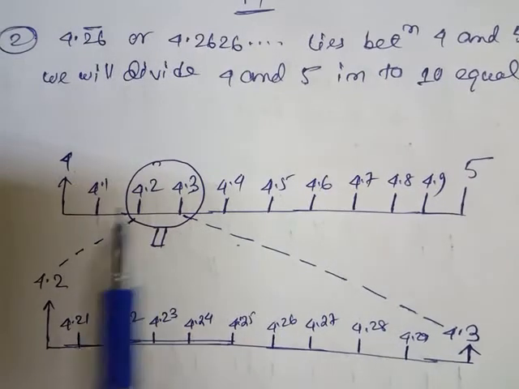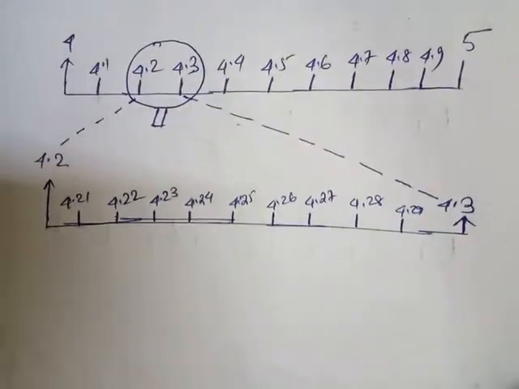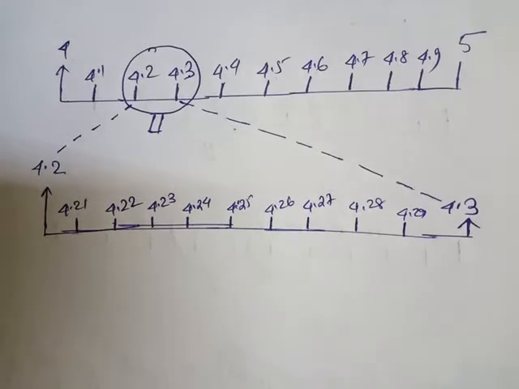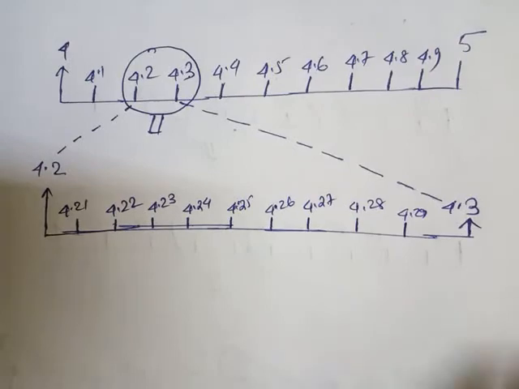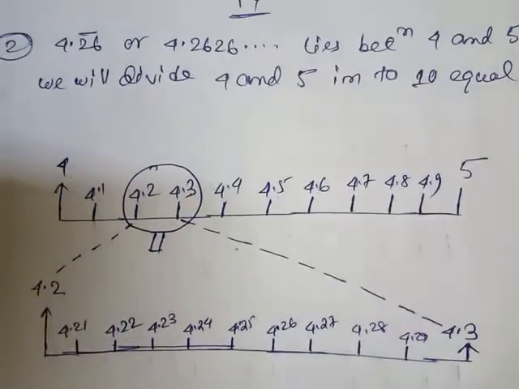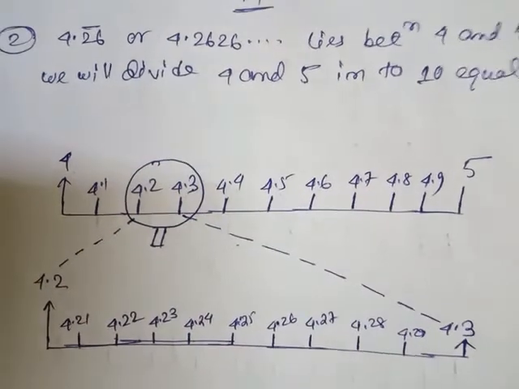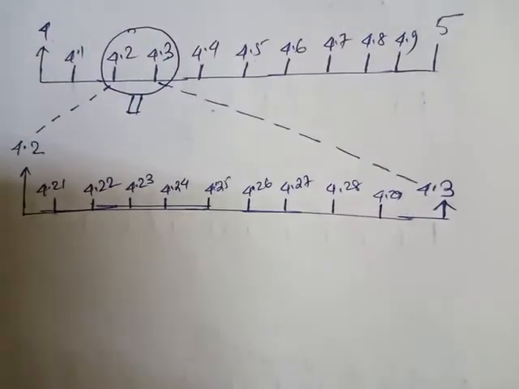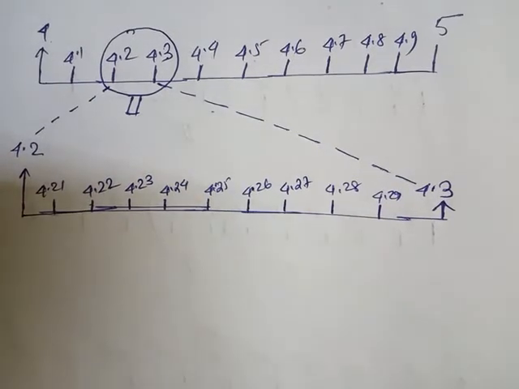So the first part and second part are over. Now we will go for further magnification with 4.26 and 4.27, because the question says 4.26, which means this will go on 4.2626. So that's why we will go for the magnification portion here, 4.26 and 4.27.